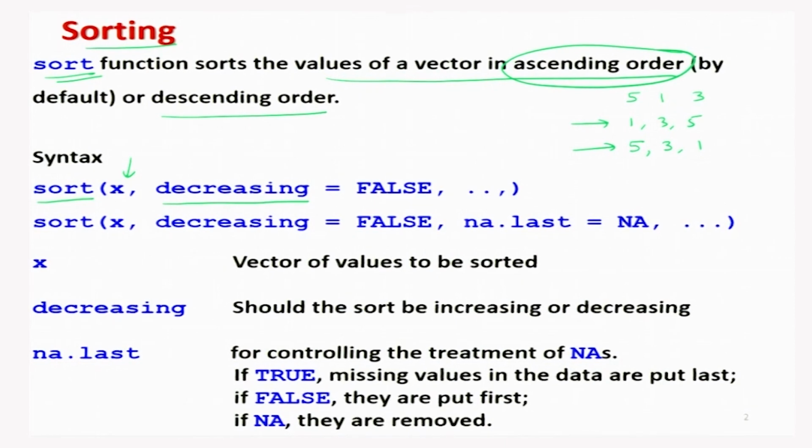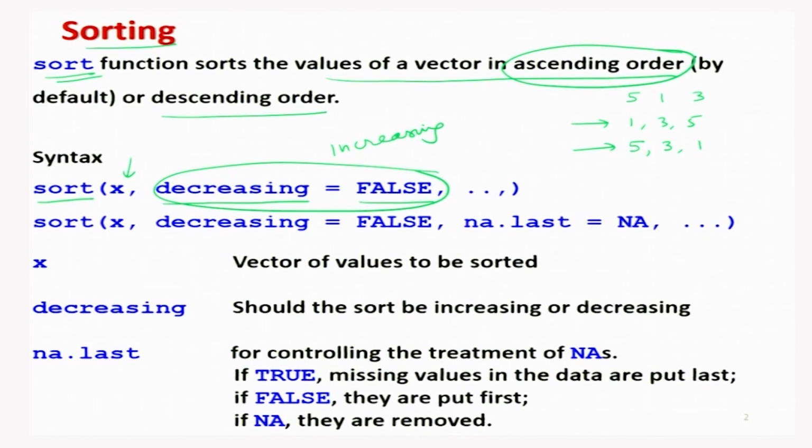So when you give it false, decreasing equal to false, if you try to understand the meaning of this statement, decreasing is false, then what is true? Increasing. So decreasing equal to false means increasing. That means the data in the vector x is going to be arranged in an increasing order, right.